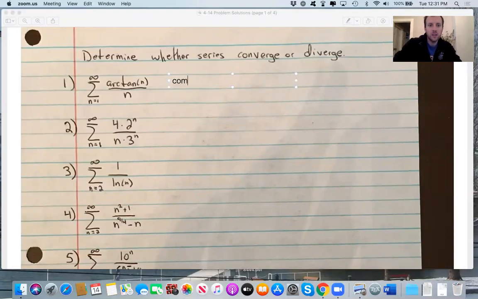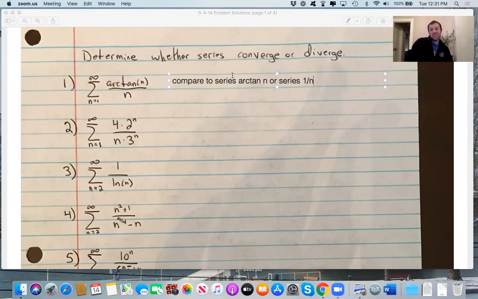So really, compared to the series arctangent of n or the series 1 over n. Those are kind of the two options here. Those are the two pieces.